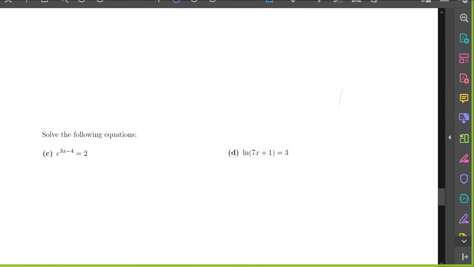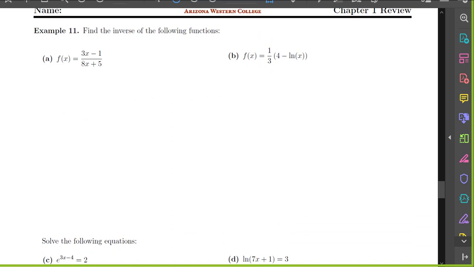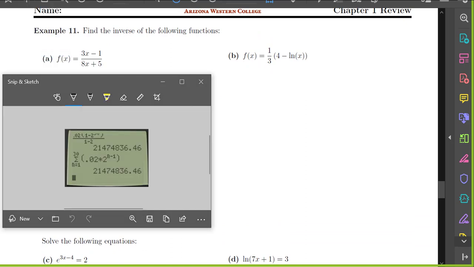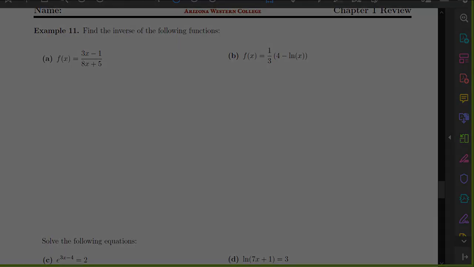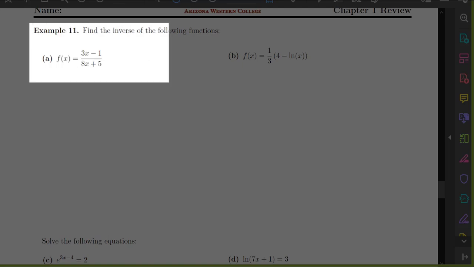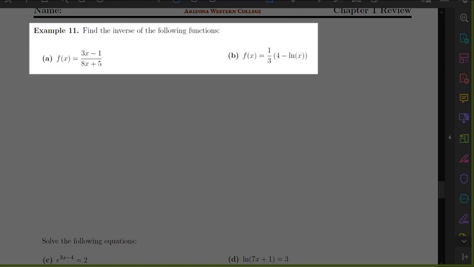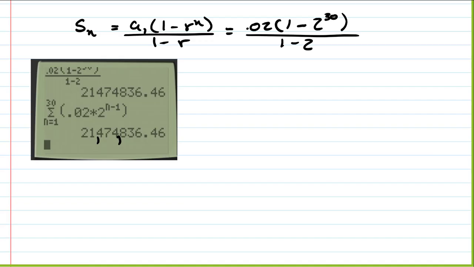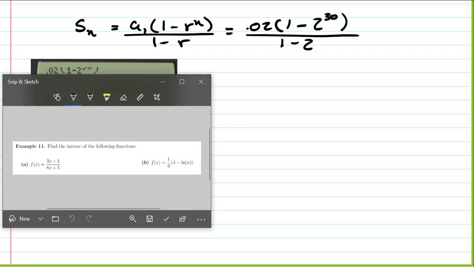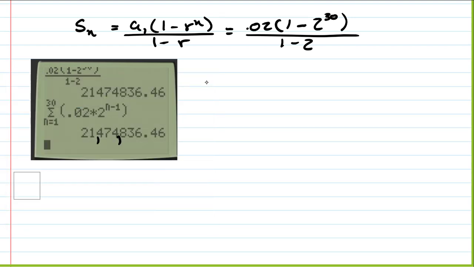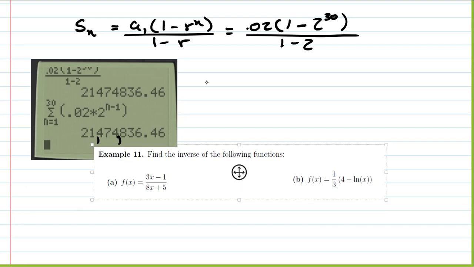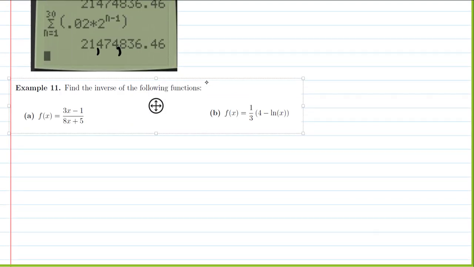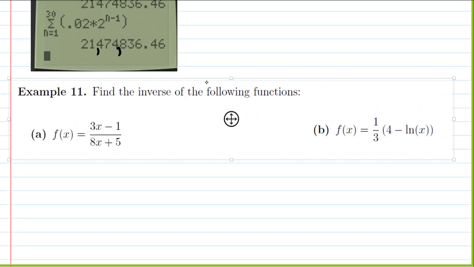All right, so now we're on to some inverses. So we want to find the inverse of a function.